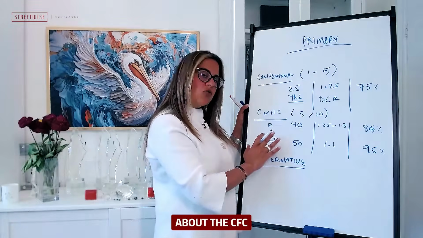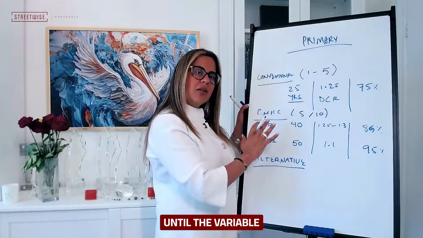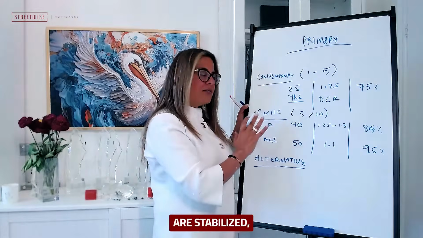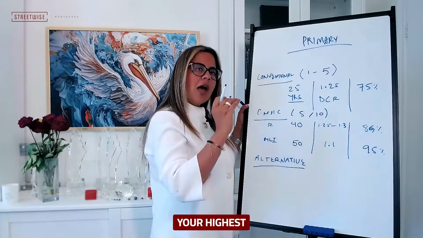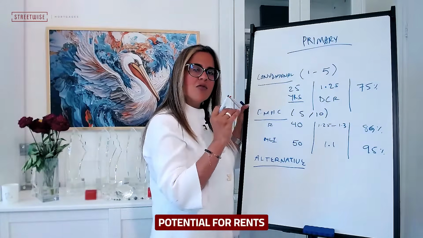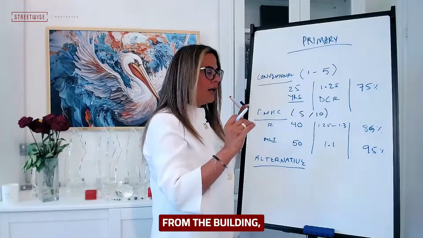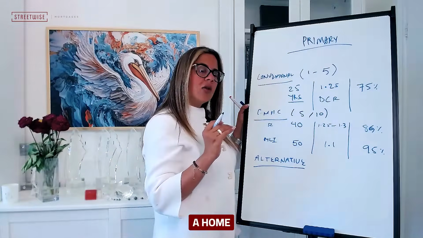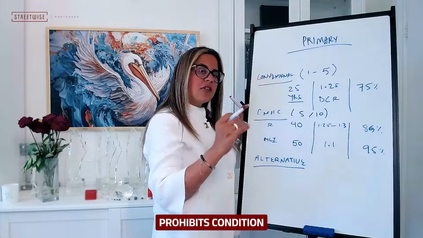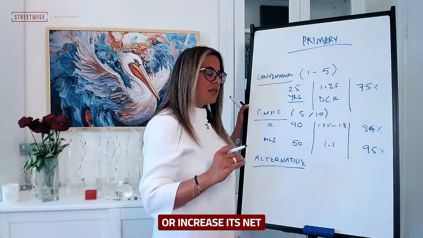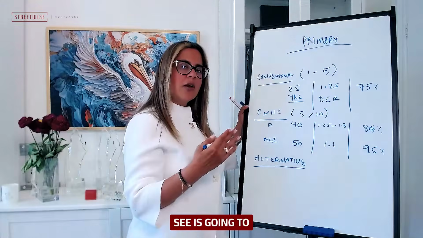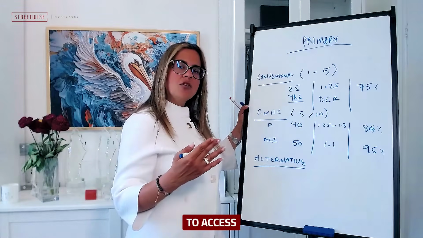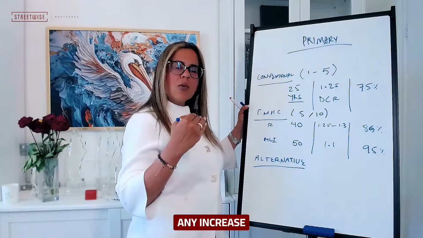So I wouldn't go to CMHC until the building has been stabilized, meaning you have reached your highest potential for rents from the building. If you're buying a building that you're gonna improve its condition and increase its net operating income, locking into CMHC is going to hinder your ability to access any increase in value.